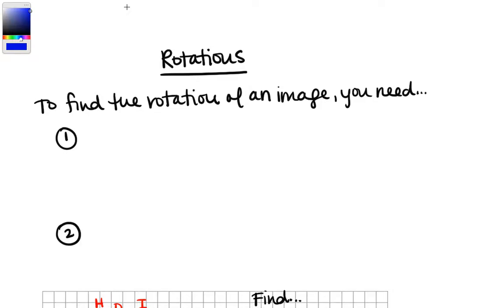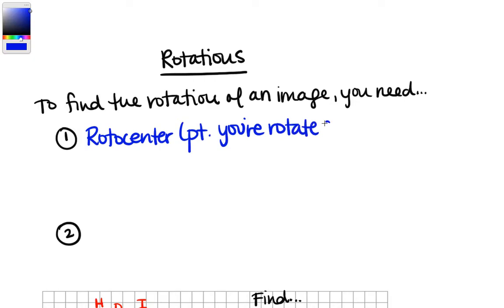Hello, today we're going to be talking about rotations. And first things first, if we're going to find a rotation, we need the rotocenter, which is the point you're going to rotate around.